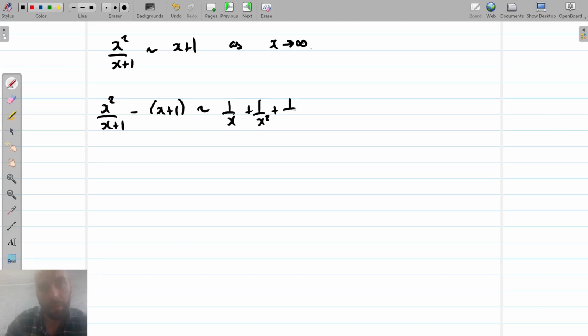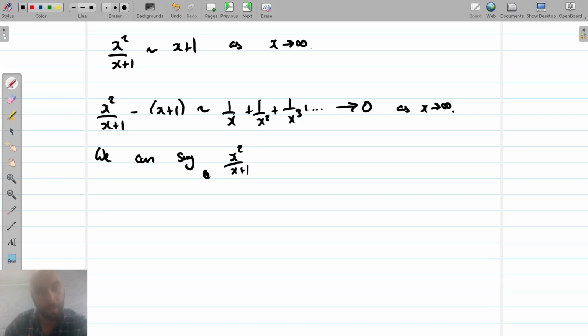These are the bits we're ignoring. And this does tend to 0 as x tends to infinity. So our leftover terms do tend to 0, so we can take the exponential. So we can say e to the x squared over x plus 1 twiddles e to the x plus 1. So we can take exponentials of asymptotic series relations, we just have to be careful about the bit we're ignoring.